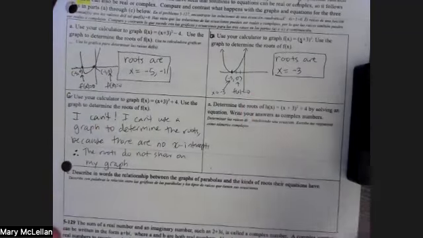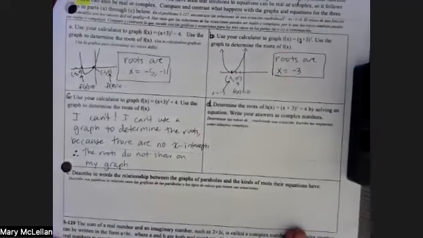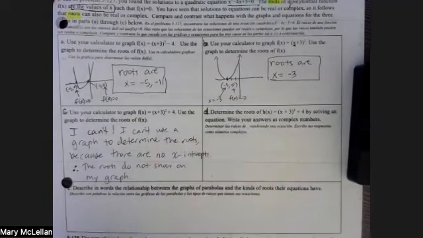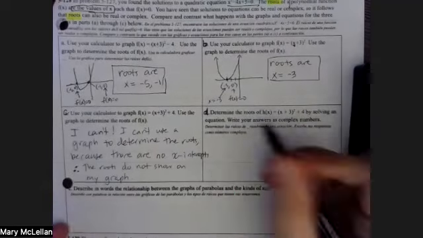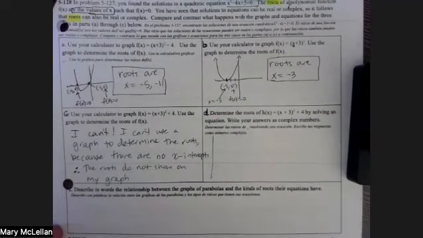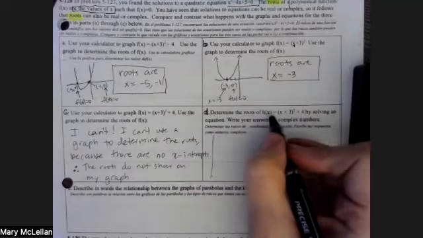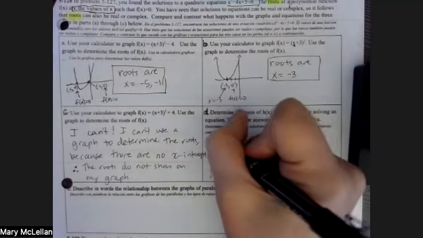Okay, part D. I guess I'd better use an equation because the graph's not doing it for me. All right, I have h of x equals x plus 3 squared plus 4. And I'm going to solve this by setting h of x to 0. I want roots.